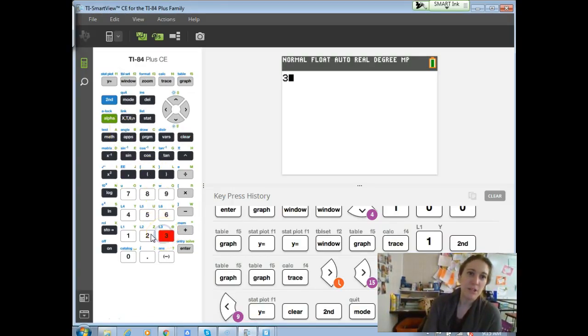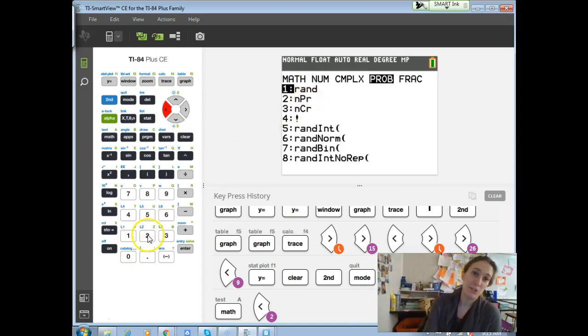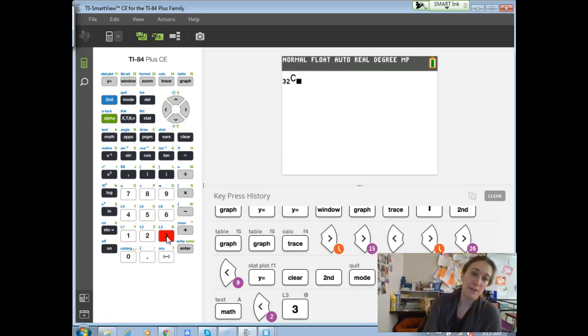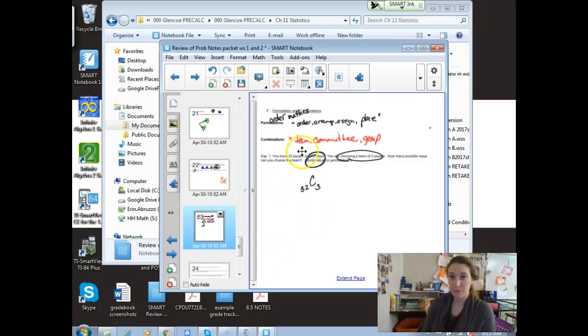You type 32, math, and then go over to probability, and down to nCr. That's the combination choice, so 3. 32 combinations of 3. 4,960 is our answer. That's how many ways you can select a team of 3 people out of that class. Wow.